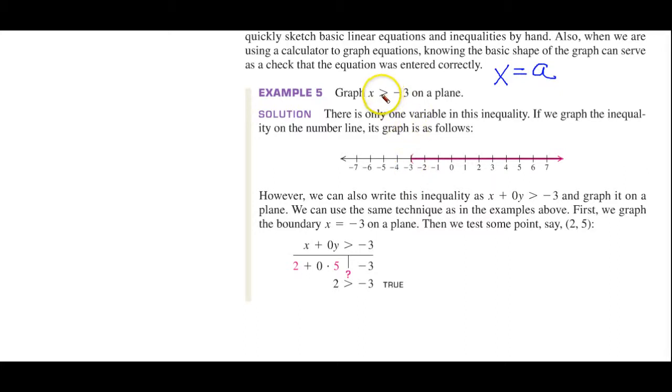And is it going to be greater? Then that's to the right. And we're going to make then a vertical dotted line going through -3 and then shade this area. So this inequality, again, will be a vertical line going through the x-intercept, which is -3.